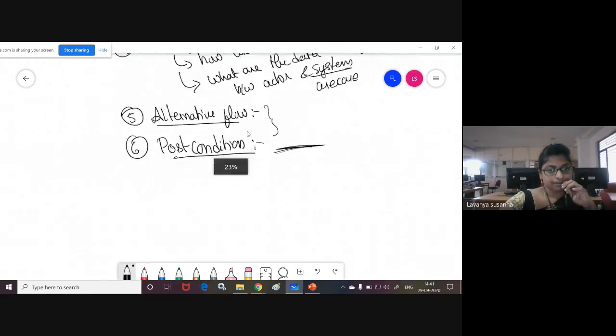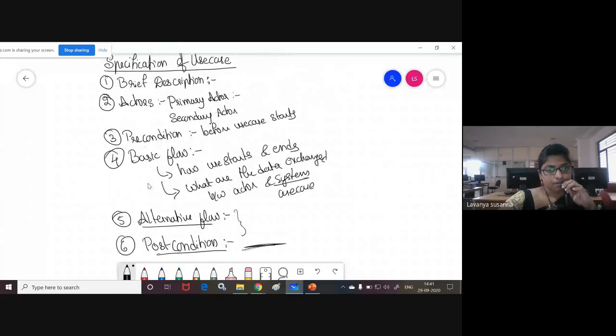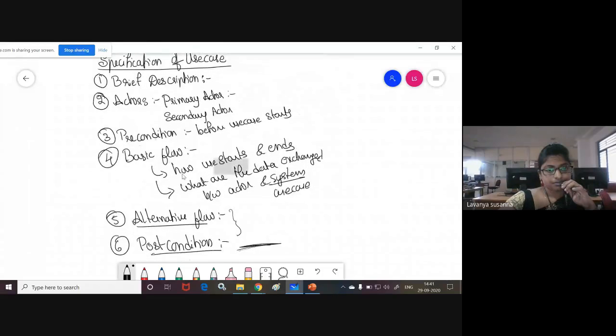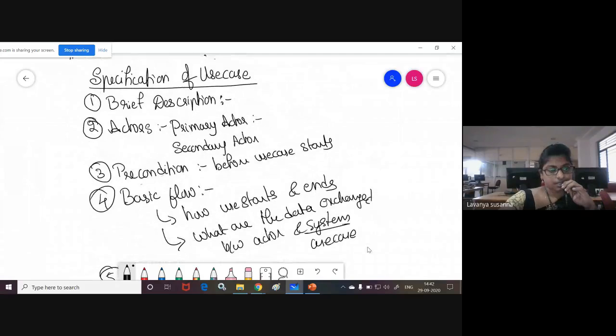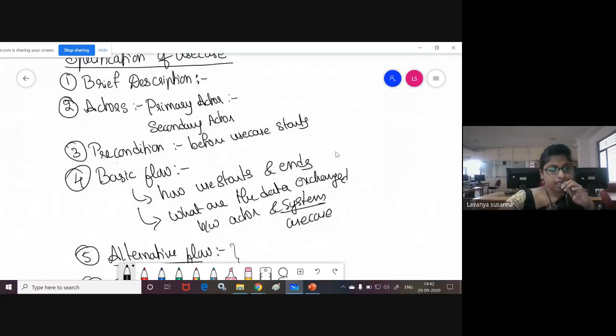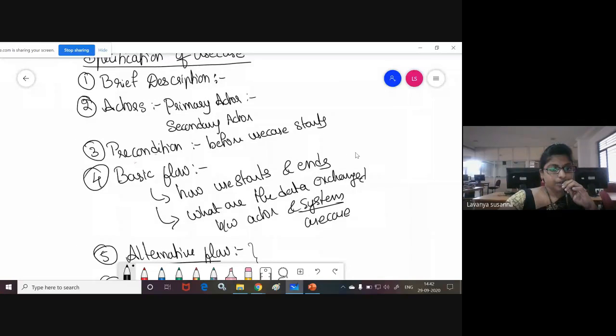Once again, see. The specification of a use case contains a detailed description: a brief description, actors, precondition, basic flow. In the lab you need to write all the specifications.